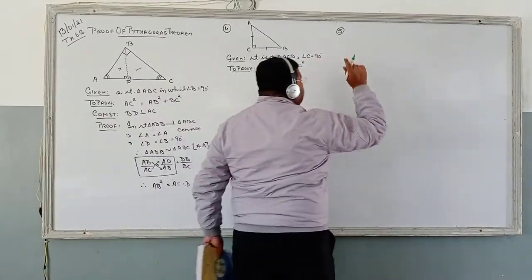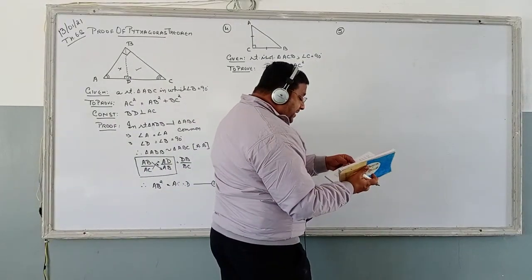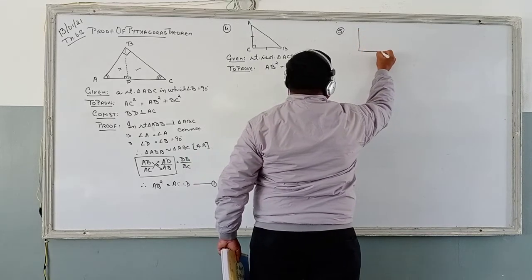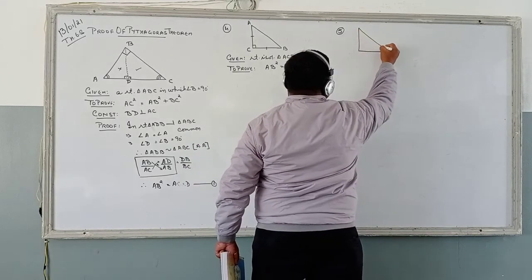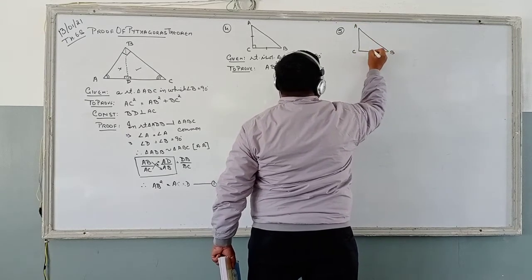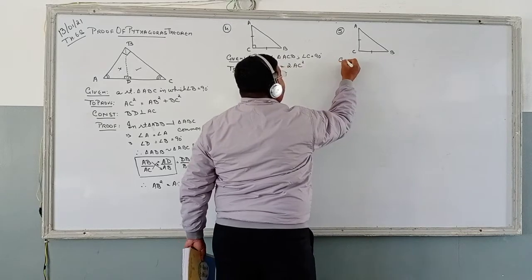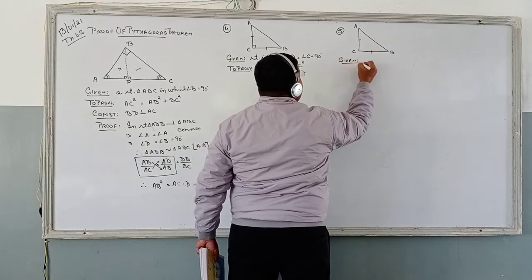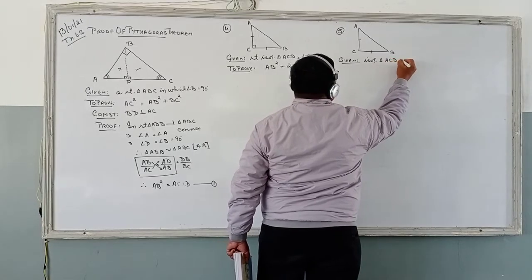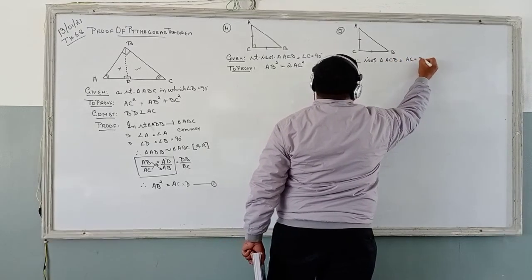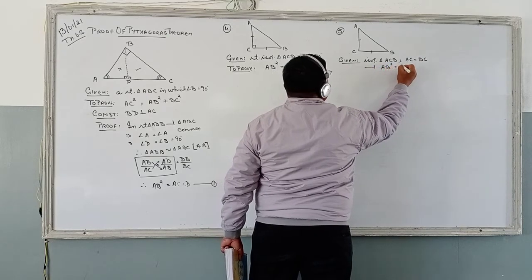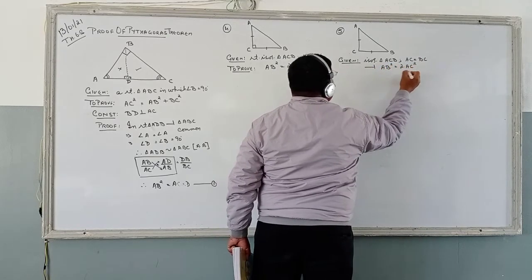Let us come down to question number 5. What does it say? ABC is an isosceles triangle with AC equal to BC. Given: isosceles triangle ACB in which AC is equal to BC and AB square is equal to twice of AC square.